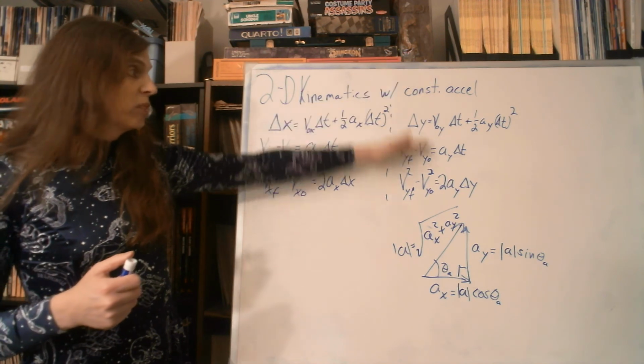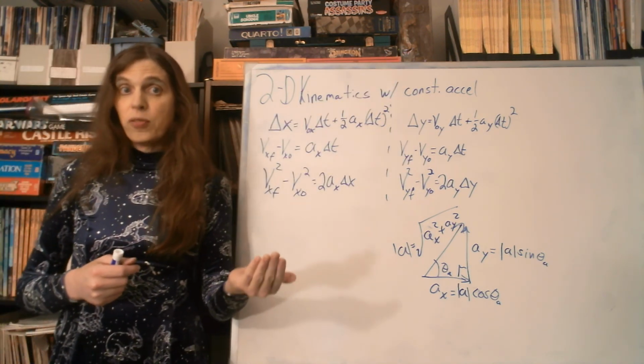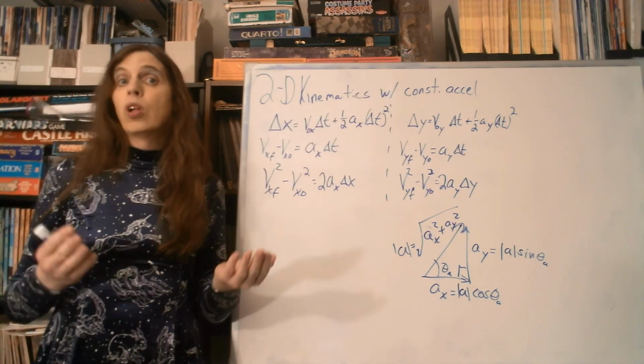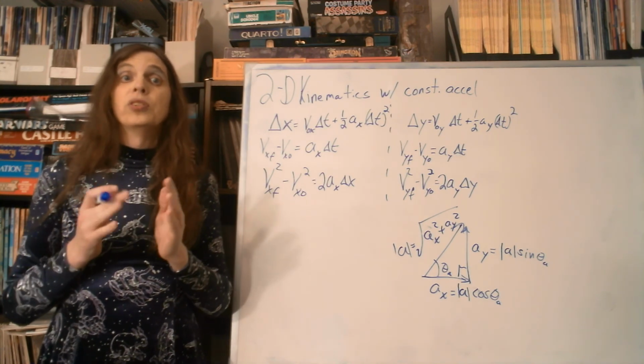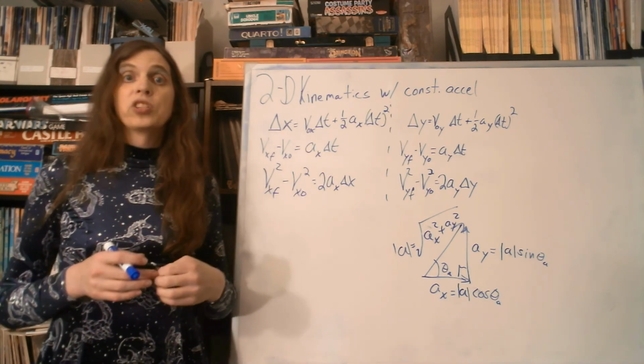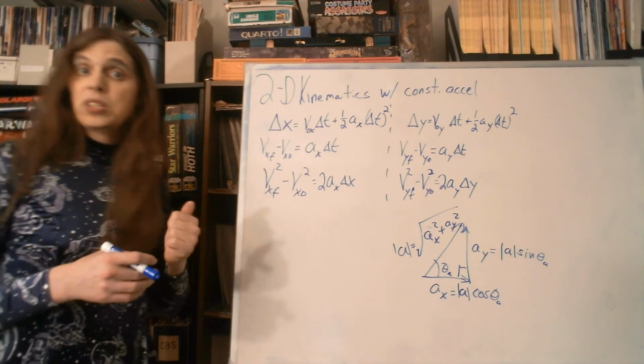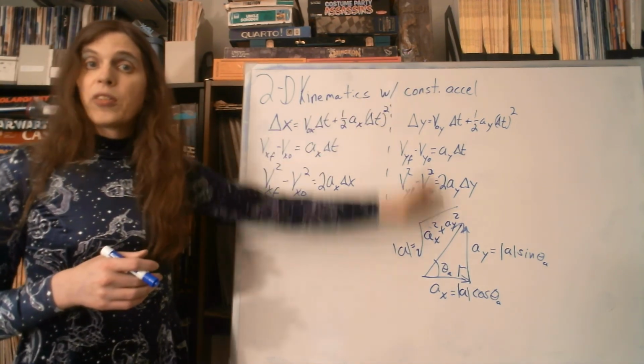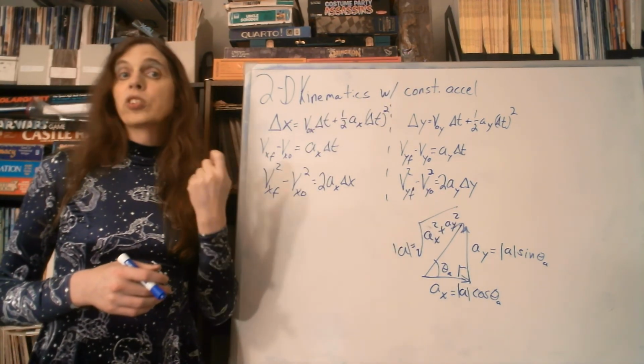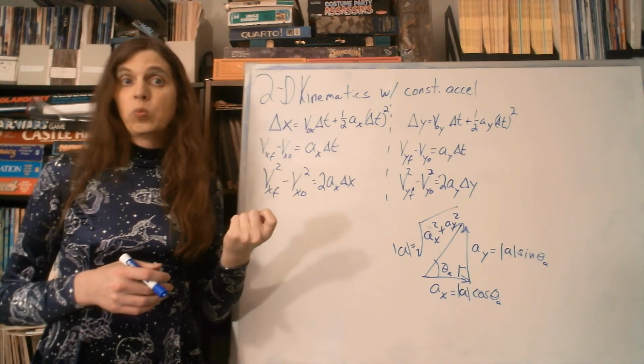And we get a similar set of equations for what goes on in the y dimension. If we want to go up to 3D, we'd have to have another set of equations for the components along the z direction as well.